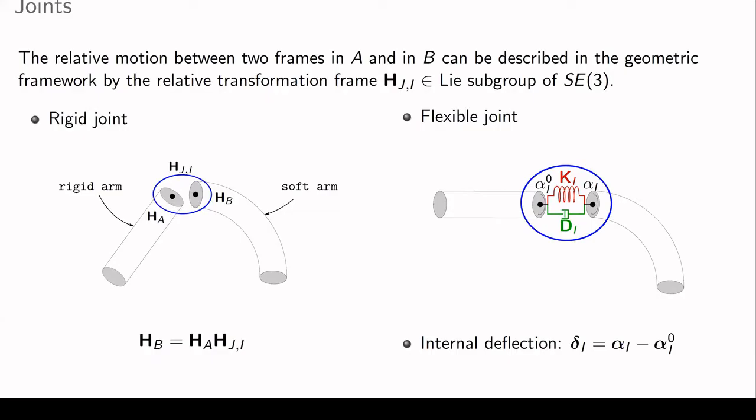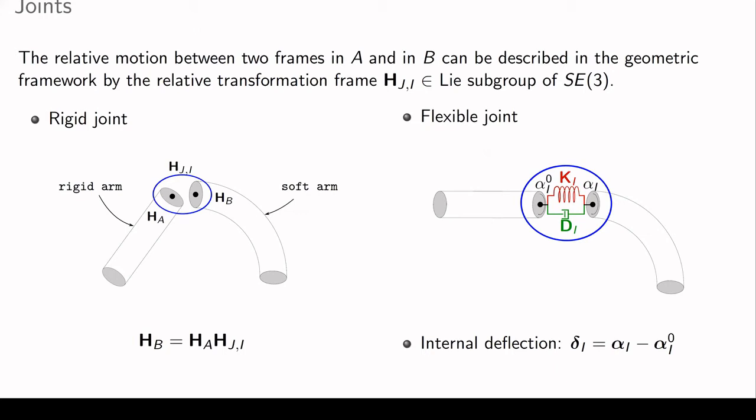And now let's go to the articulated soft robots. From our point of view, we have to introduce the definition of the joint. Let's consider a rigid arm and a soft arm with a motion frame.